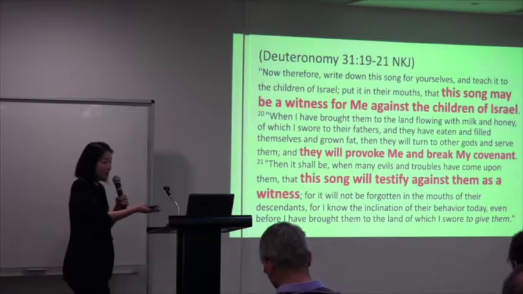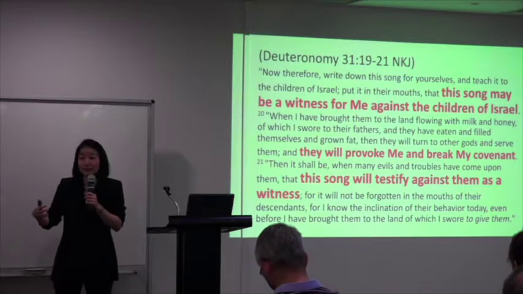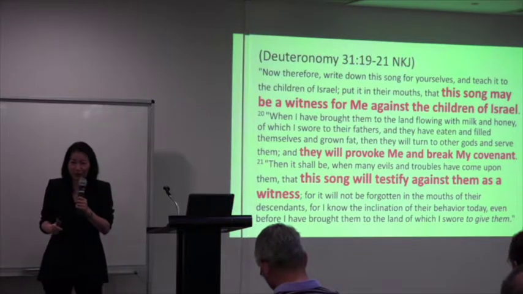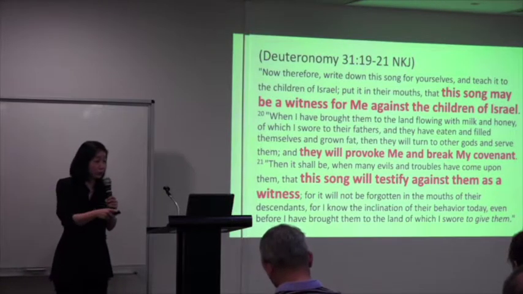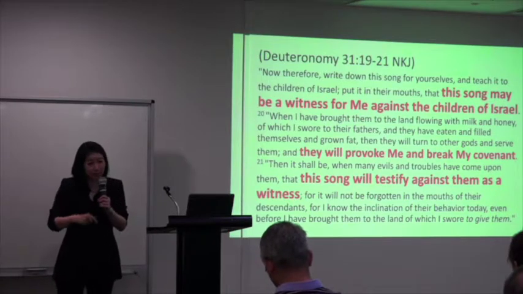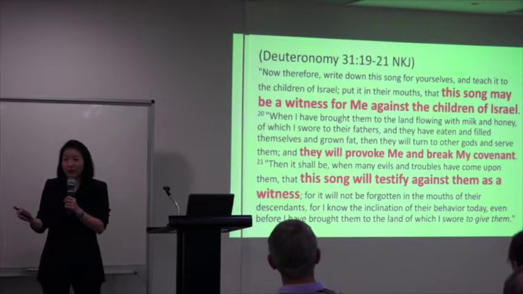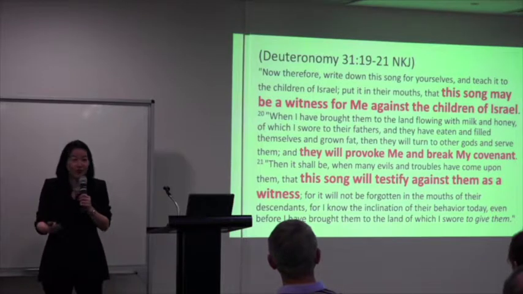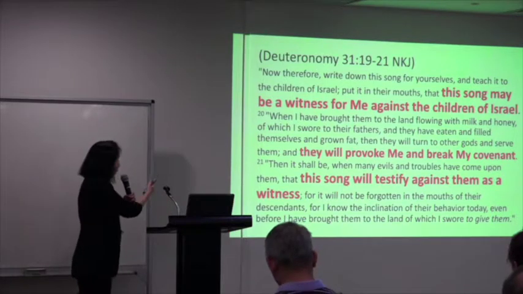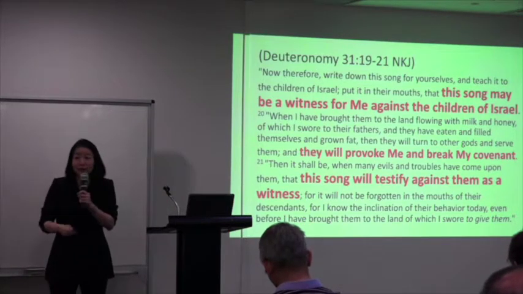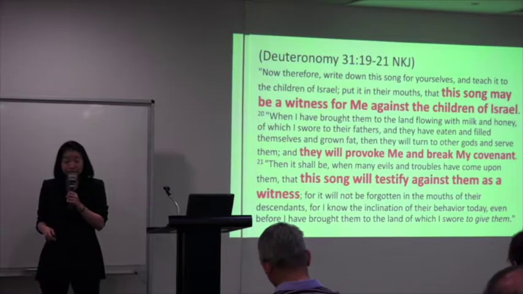But this is what God is saying. I will give you fatness, milk and honey, but you will betray me when you are prosperous. And when you do, I will strike you, but please turn back. That's the whole point of your entire life, of the entire Bible, of all of this lecture today. We can summarize it as coming back to God.